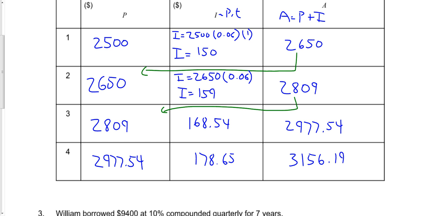So at the end of 4 years, he's going to owe his dad $3,156.19. And so we can use simple interest in order to calculate compound interest if we use this chart.